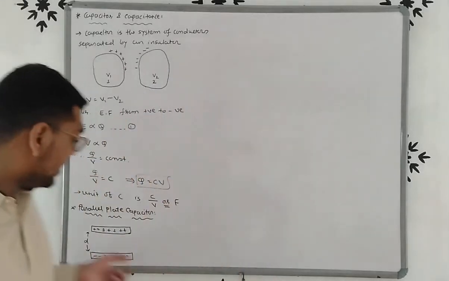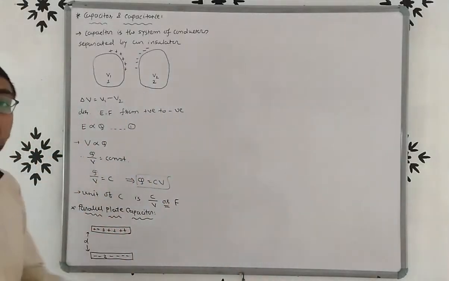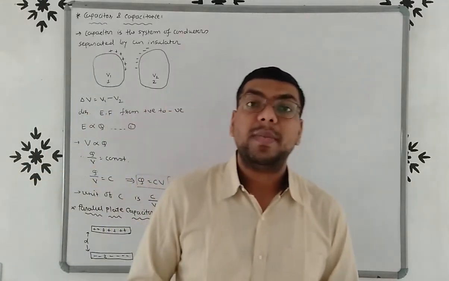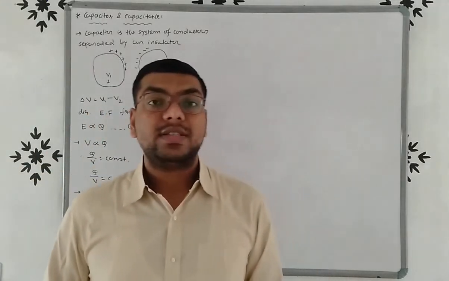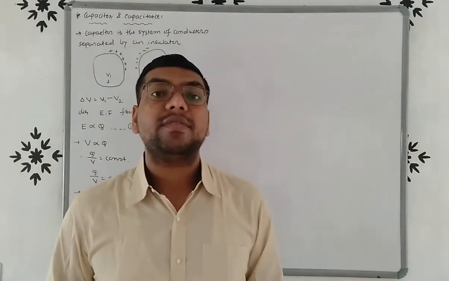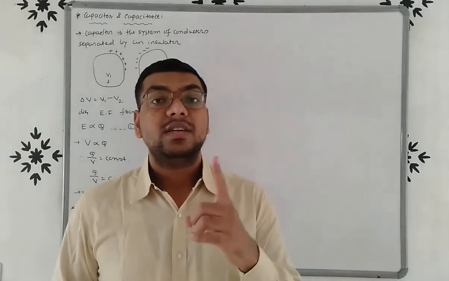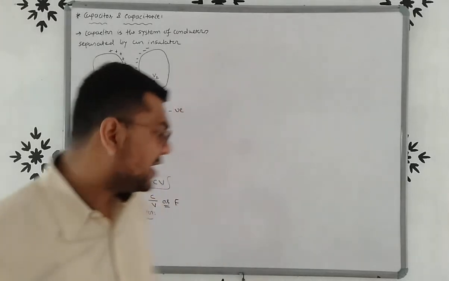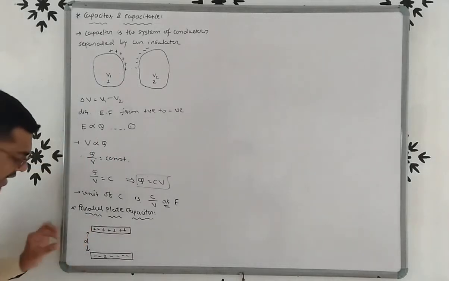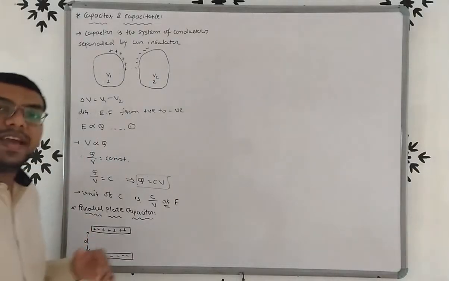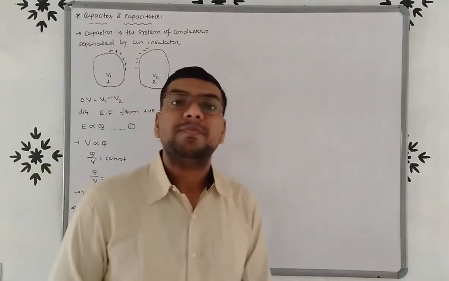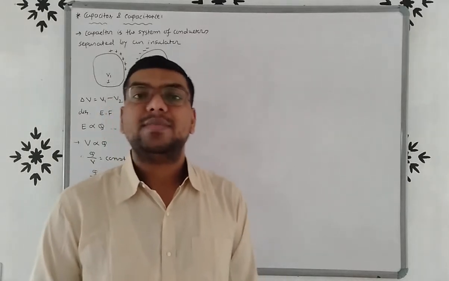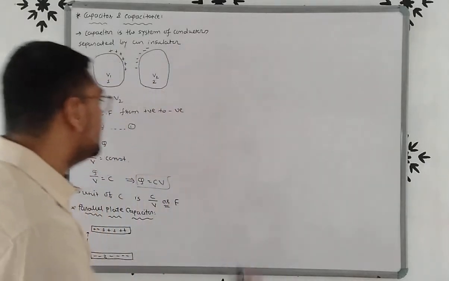Here these are large plates. For an infinite surface, from chapter number 1, electric field E is equal to sigma upon 2 epsilon 0. Here the distance between the plates is very small, so the electric field for each plate is sigma upon 2 epsilon 0.